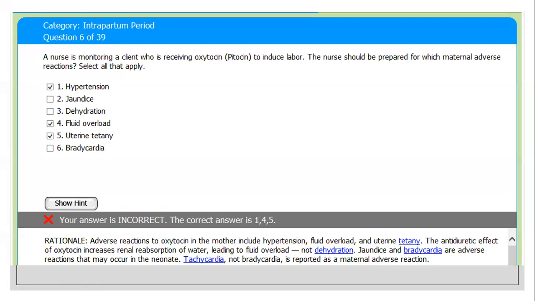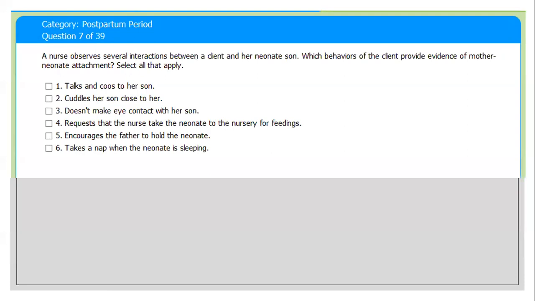Sometimes the NCLEX asks a question: in what medical condition should we discontinue oxytocin or Pitocin? When we see sustained uterine contraction, fetal deceleration, or decreased urine output, we always discontinue the Pitocin.